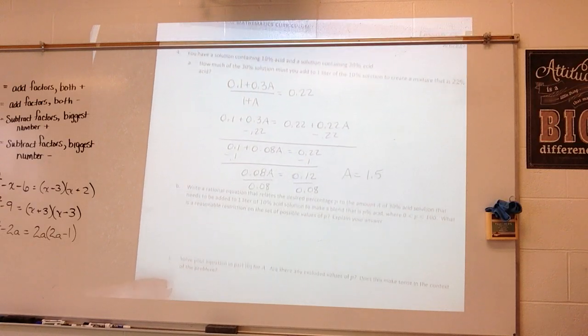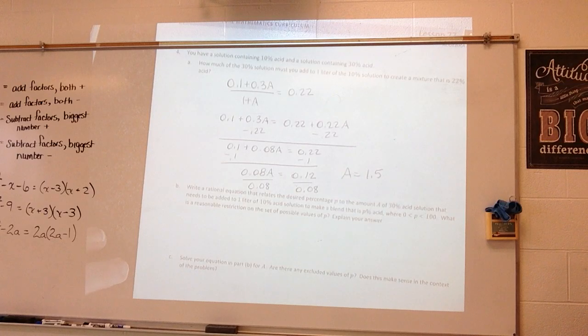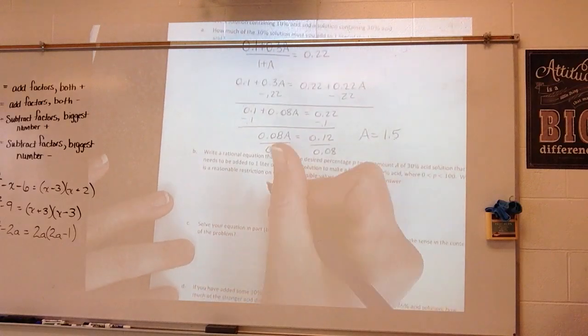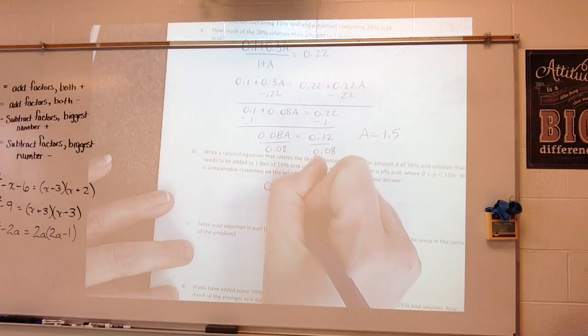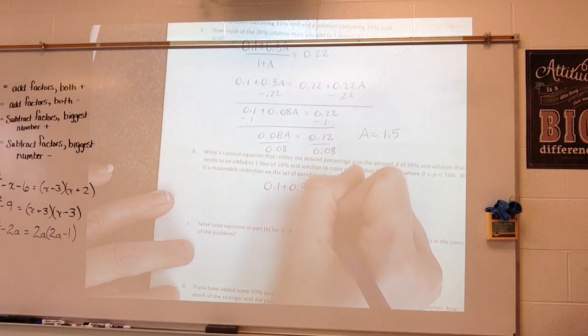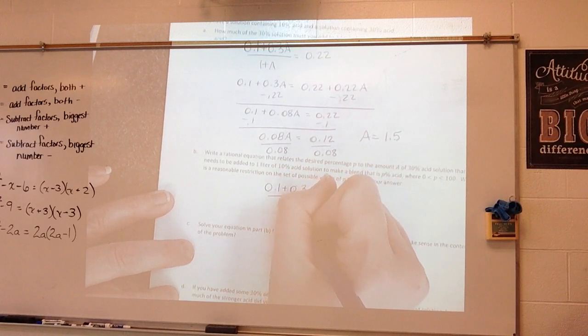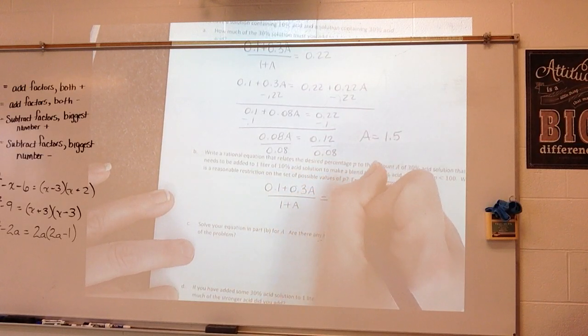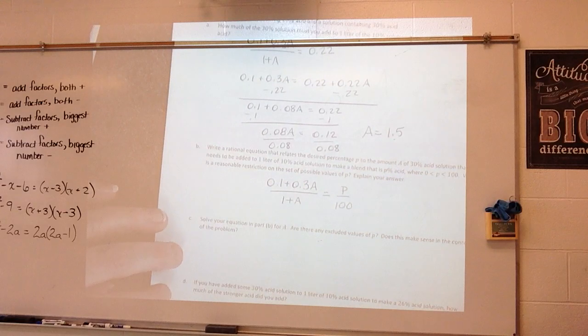Write a rational equation that relates the desired percentage P to the amount A of 30% solution that needs to be added to 1 liter of 10% acid solution to make the blend that is P% acid, where 0 is less than P is less than 100. Alright, so let's look at this. We're going to set this up just like we did. It is equal to P over 100.